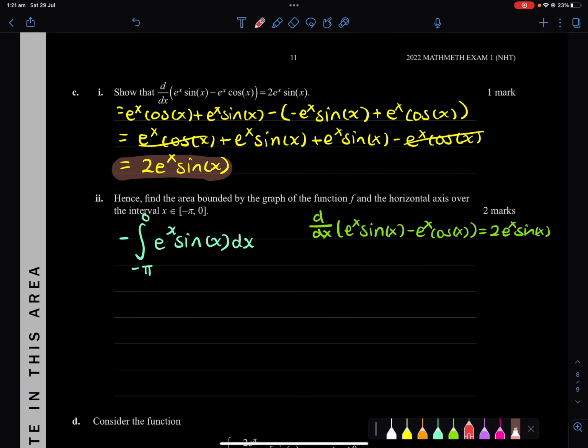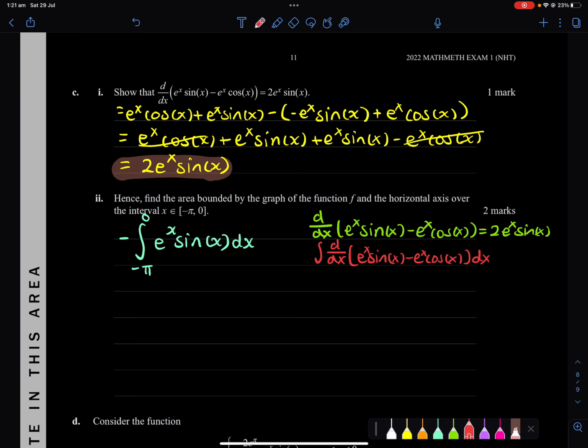What we want to try to get is this over here, to calculate this. So what I'm going to do is integrate both sides. So we're saying integrate d/dx of e^x sin x minus e^x cos x. So we're integrating also this one. Oops, I forgot the... Oops. Okay.